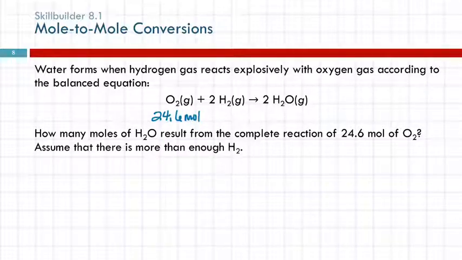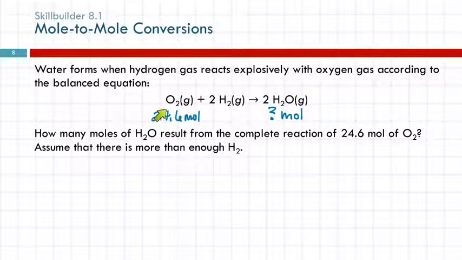Now I don't have to write O2 because I wrote the amount under O2, I know what it is. Then I look at what's the question. Well, here's the question word, how many moles of water? So I'm going to put a question mark under H2O, and the unit it's asking for is moles. How many moles of that? Everybody okay with that?